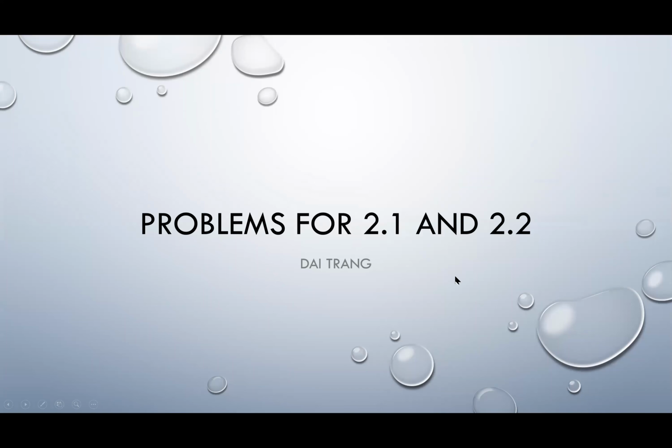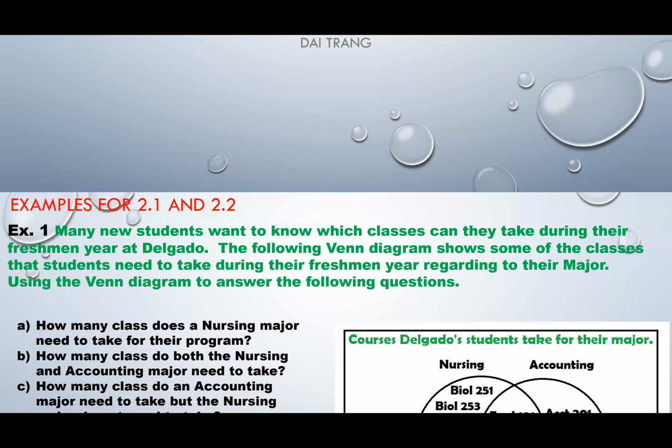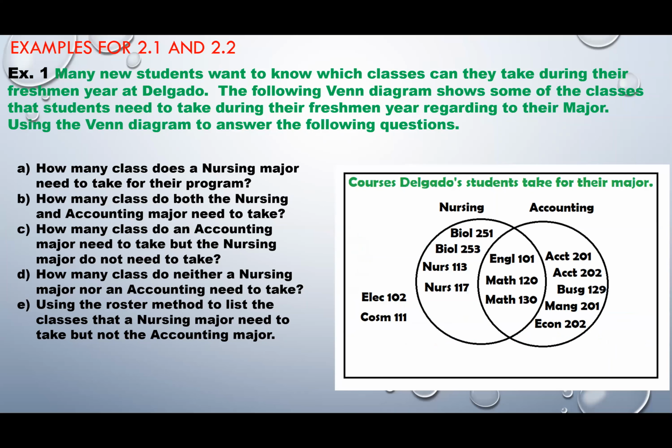Let's take a look at your typical problem, which is how do you use the Venn diagram to answer the question, right? I made up this problem. Let's say this is your first year at Delgado and you are in a nursing program and an accounting program.